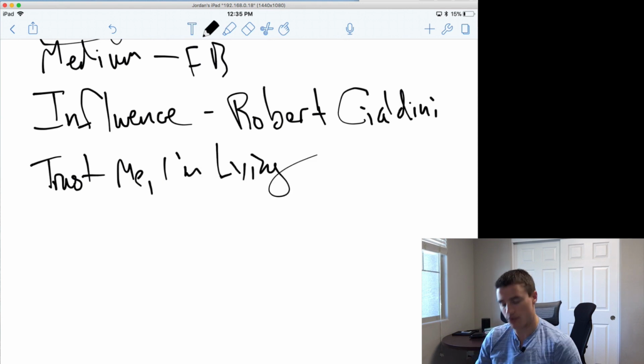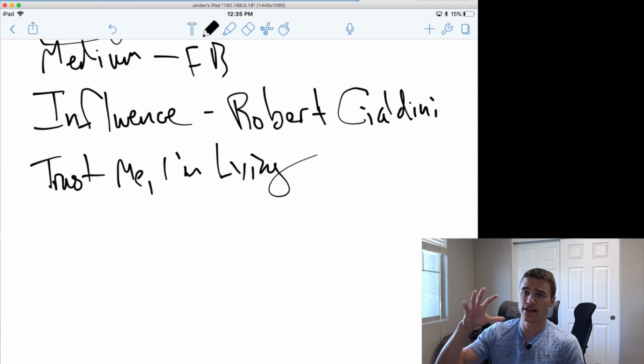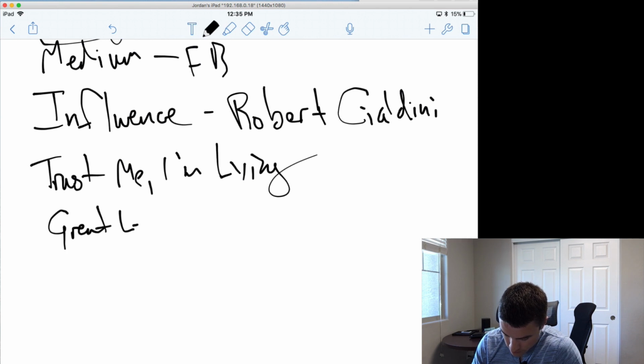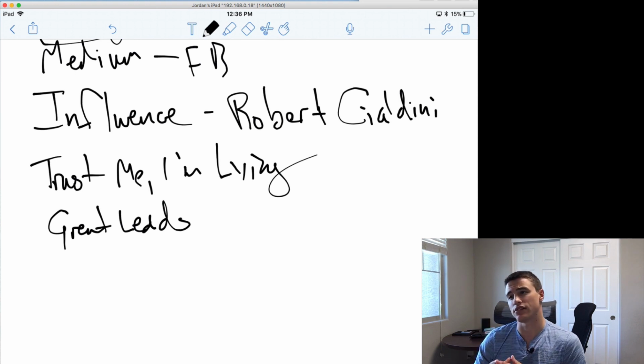The next book that I would recommend you read is specific to copywriting, whether it's long form or short form, meaning writing words that sell or writing words that get people to take action. It's called Great Leads by Michael Masterson. Michael Masterson, I believe, writes for the Agora Corporation.